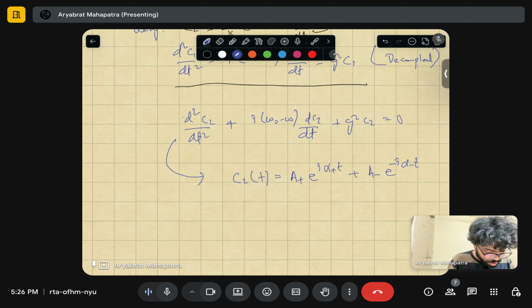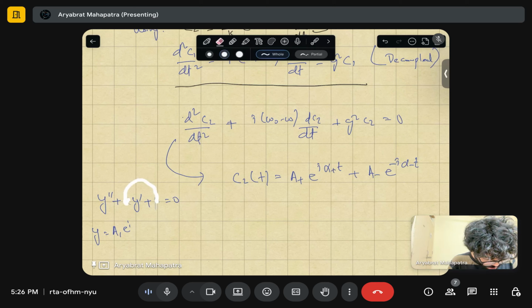For example, if you have y double prime plus a y prime plus b y equals 0 as your differential equation, you write y as a1 exponential i alpha plus t, with a and b as the coefficients.